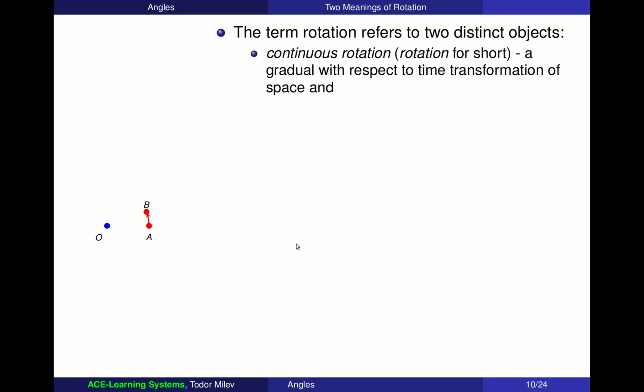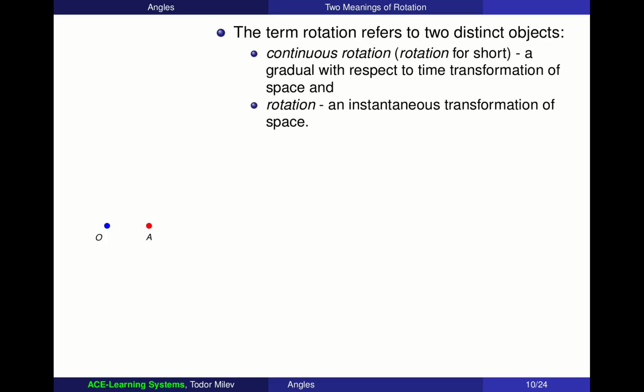So I'm assuming not only the presence of a geometric plane, but also the presence of some time, and that time is passing by, and my point B changes its position with time. So that transformation, that law of motion, would be called a rotation, a continuous rotation, or just rotation.